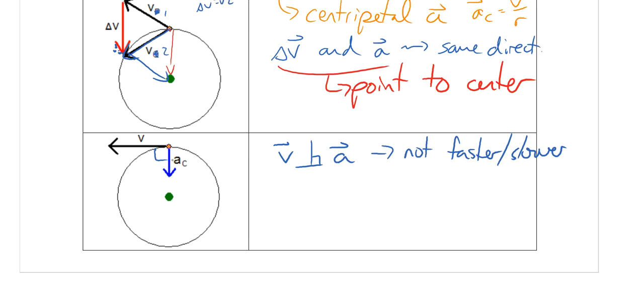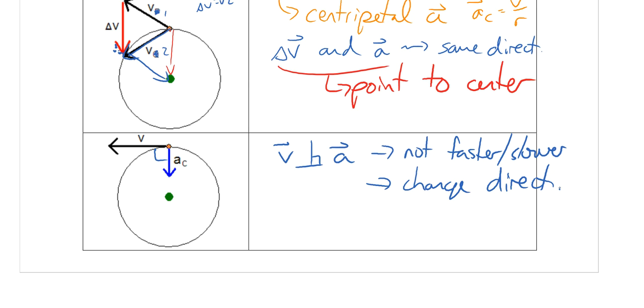Since they're perpendicular, the acceleration can't make it go faster or slower. All it does is change the actual direction. In order for it to make it go faster or slower, some of the acceleration would have to be parallel to the v, but it's not. It's always perpendicular, and since it's always perpendicular, it can only change the direction.